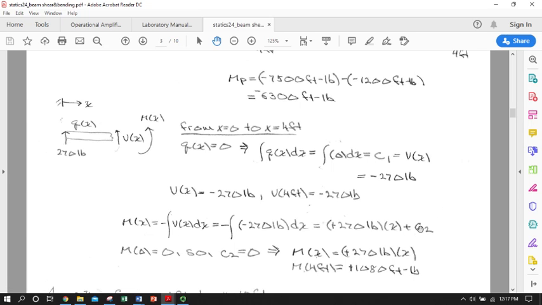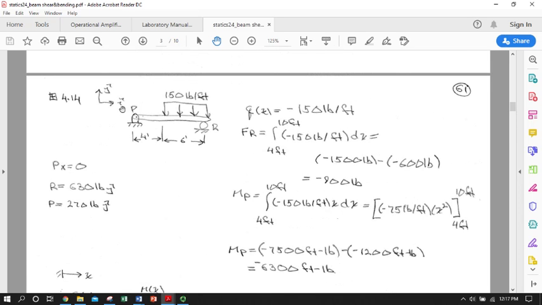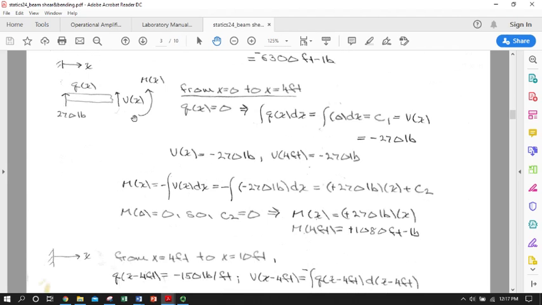Okay, we can evaluate the constant by taking the moment at 0, which was 0. Why? Because the hinge can't apply a moment. There was no moment being applied at x equals 0. So this constant has to be 0. So the moment anywhere, at any x between x equals 0 and x equals 4 feet, is 270 pounds times the x position.